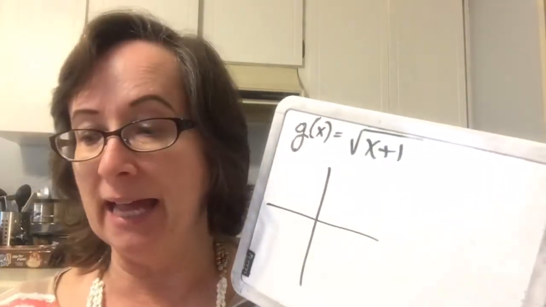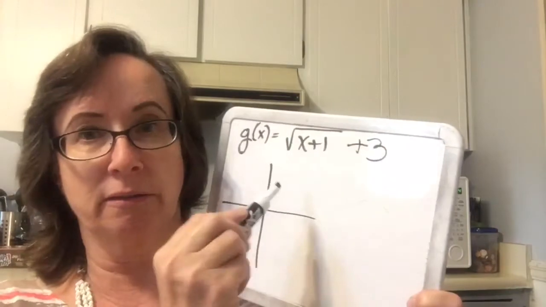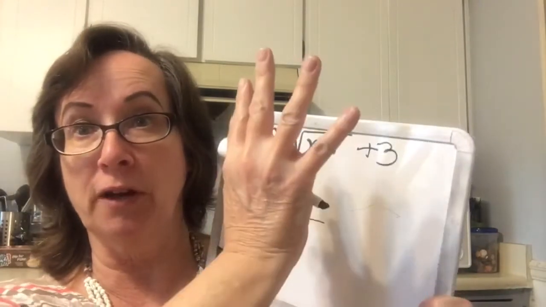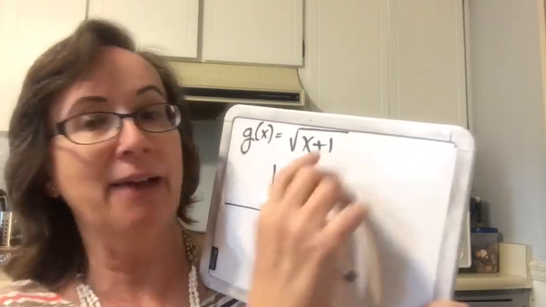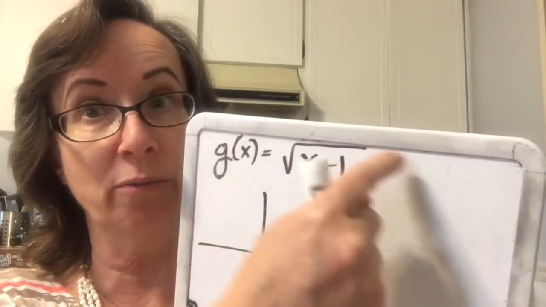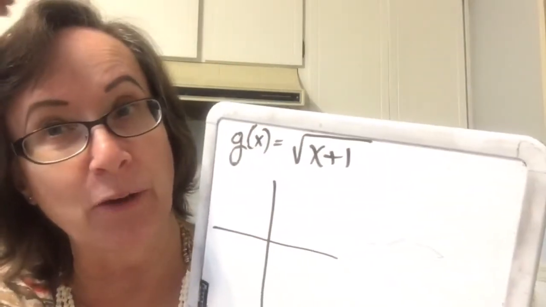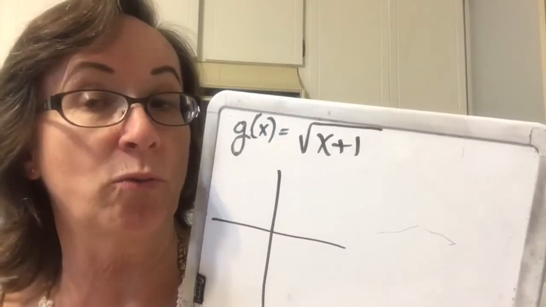In other words, if I had a plus 3 on this function, it's going to shift the whole function up 3 steps. But if I have something going on inside my function, this is a square root function.